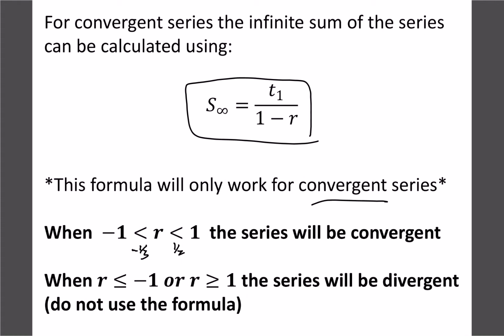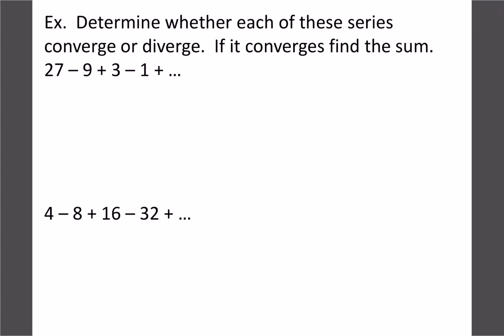If it's smaller than 1, that means we're getting smaller, then it's going to be convergent. If our r value is bigger than 1, like 2, 3, 4, or negative, we get divergent, and we don't want to use the formula. So it has to be less than 1, or getting smaller. So our formula was term 1 over 1 minus r. It's a pretty easy formula, so we just have to figure out if it's convergent or divergent. So first thing, we're getting smaller and smaller, so that's convergent, so that's good. We can use our formula.